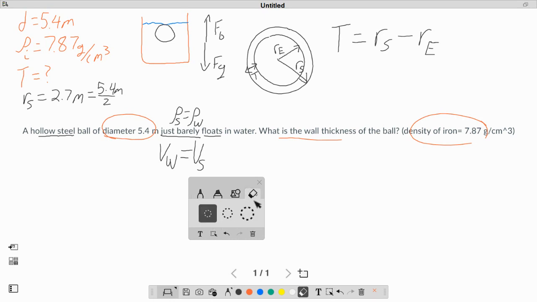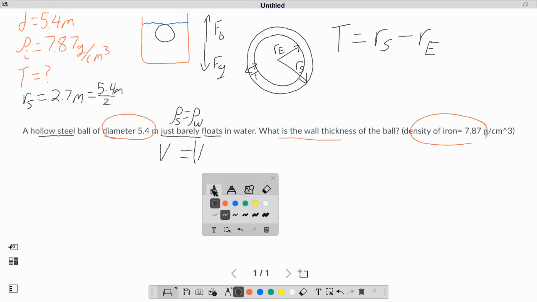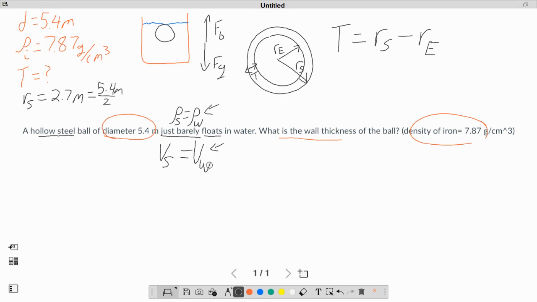I wrote this backwards from what I had up there earlier. Because it's floating, we get the top equation. Because it's entirely submerged, we get the bottom equation here. So the volume of the sphere should equal the volume of the water displaced, right? And that's what it's trying to emphasize, that it's floating, number one. So that's good knowledge. The floating essentially tells us this, and then the fact that it's completely covered tells us the densities are the same.